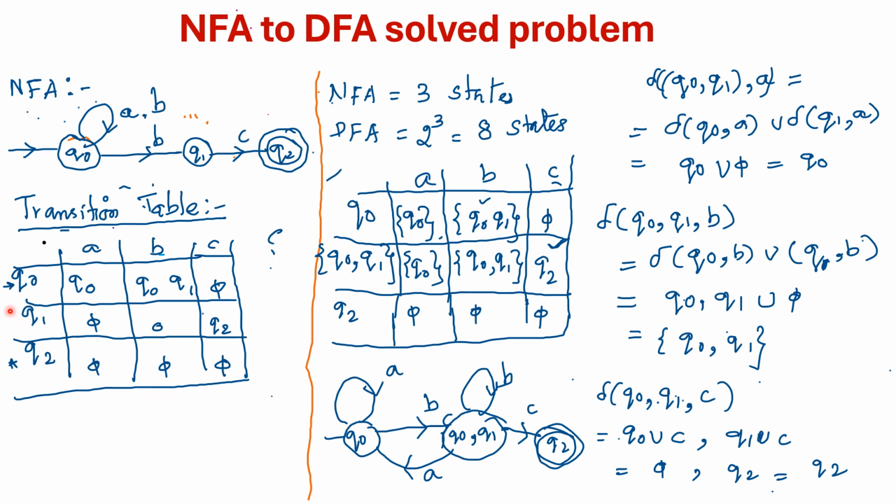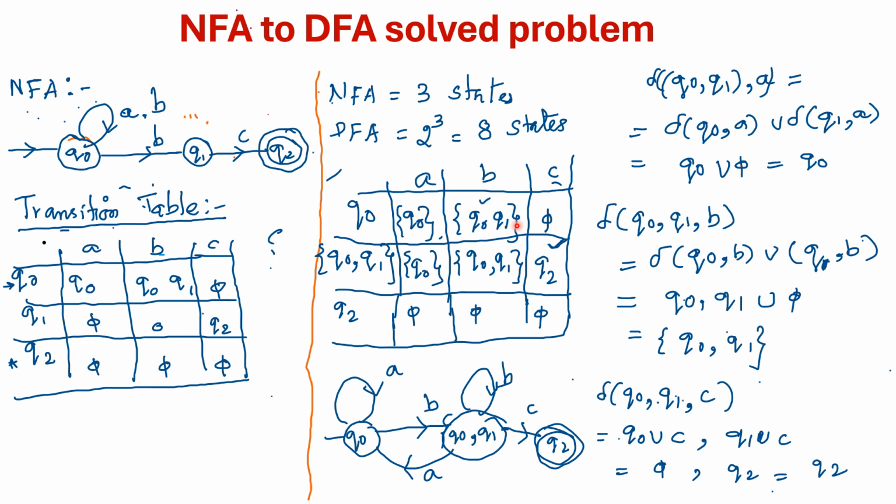Initially we always start with the initial state Q naught, and we need to find the transitions on A, B, C. Q naught on A, we have Q naught only, but Q naught on B we have Q naught and Q1. And Q naught on C is null only, there is no transition.